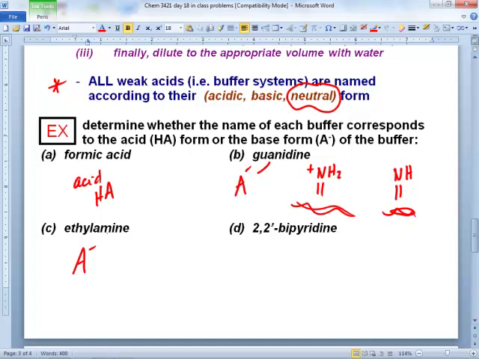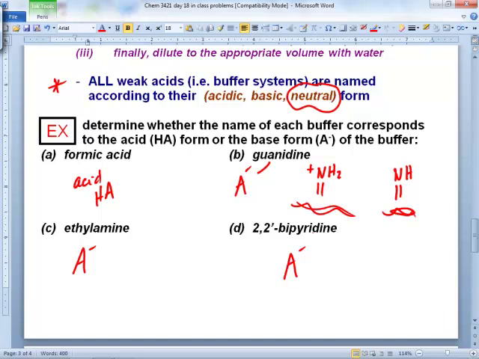Is 2,2-bipyridine a conjugate acid or conjugate base? It has an H+ in the table, so the name can't correspond to the plus form, and the guy in the table is HA. So it has to be the conjugate base.